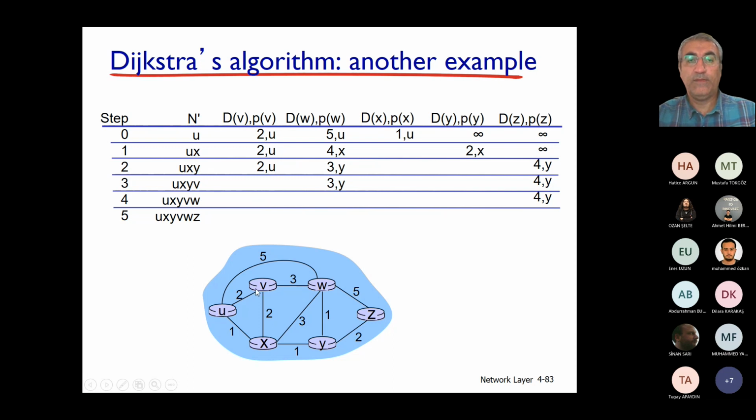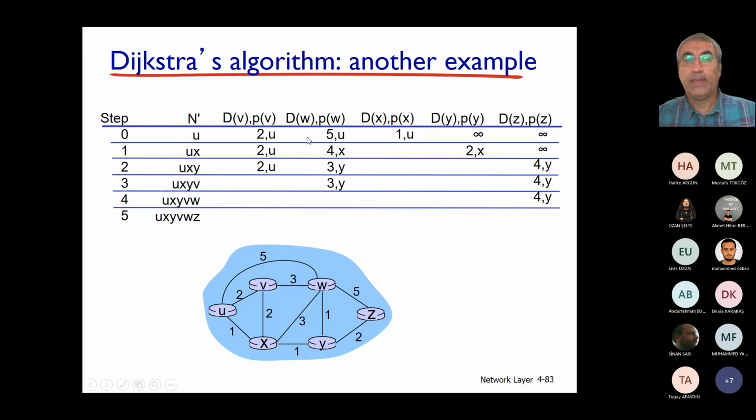For the V, the current distance value is 2, so D of V is 2. Then for the W, we have a 5. For the X, we have a 1. And for the Y and Z, because they are not directly adjacent, we assign the infinite value to D of y as well as D of z.